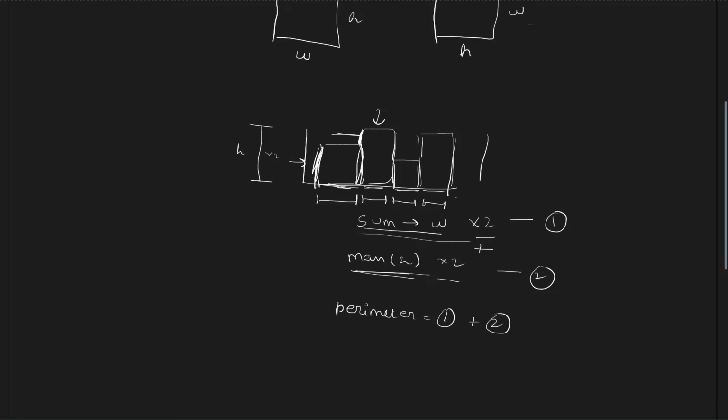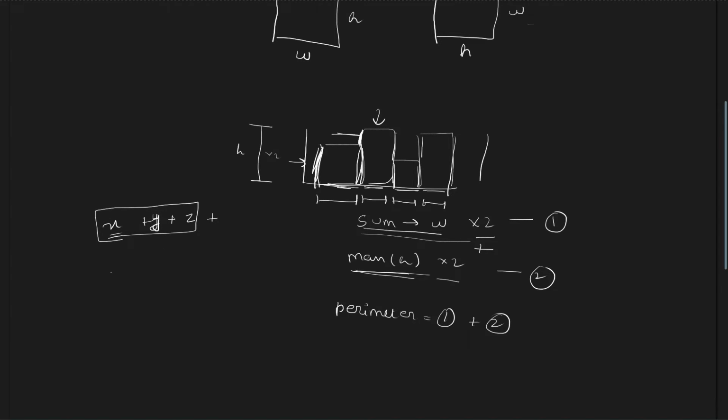Why does this work? Because if I have, let's say, a width x, and for the next box a width y, then for each and every box I'll just keep on adding these values x, y, z, right? I just have to keep on adding these values of the widths.